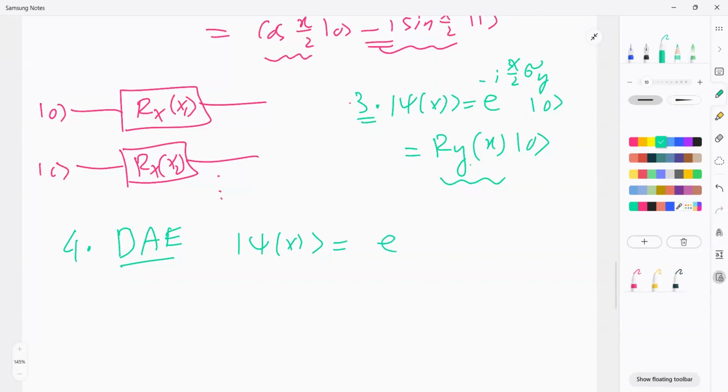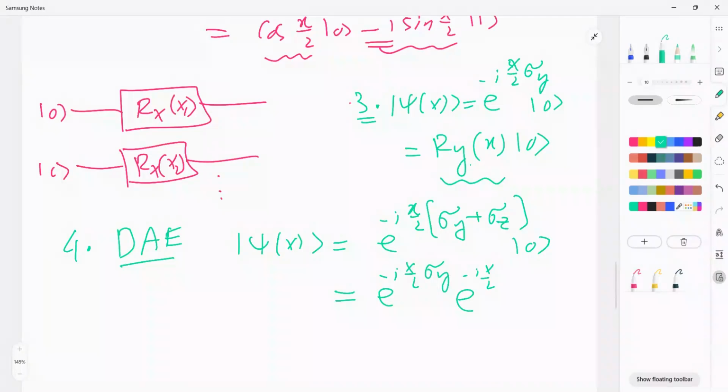If we imagine an x by 2, and then a Hamiltonian that could be a sum of sigma y and sigma z, the only thing is that this is not exactly equal to, but approximately equal to minus iota x by 2 sigma y, because these two don't commute.